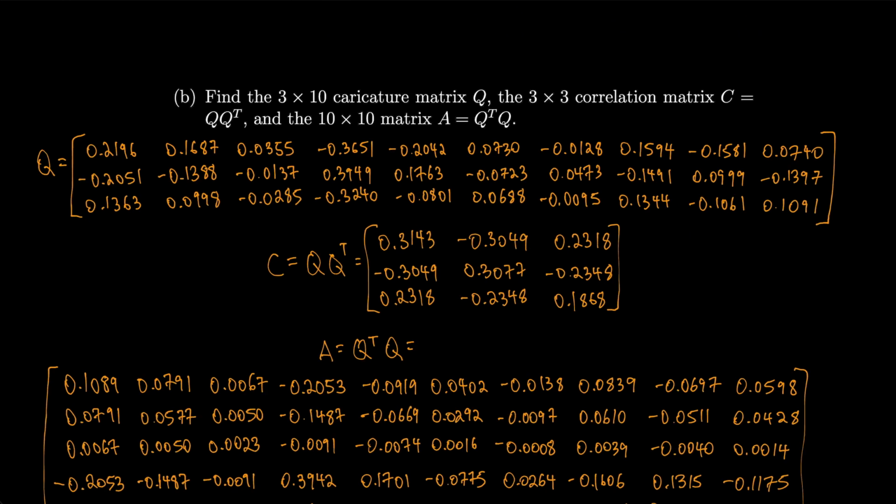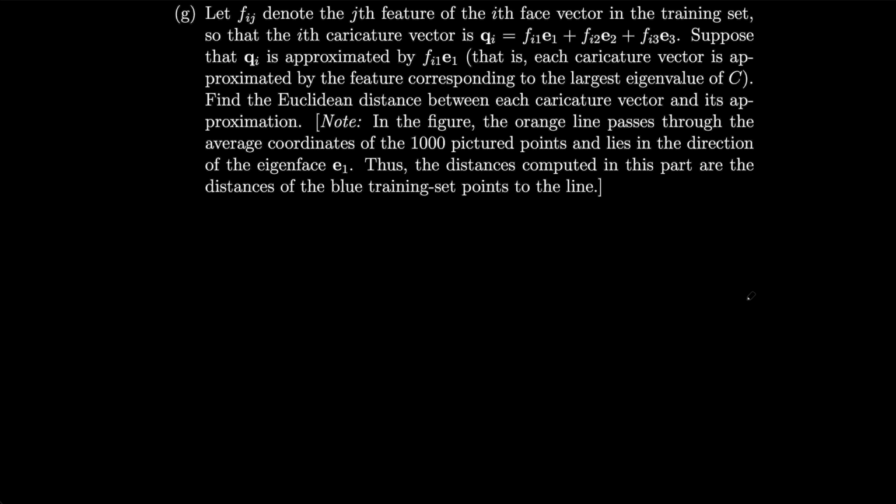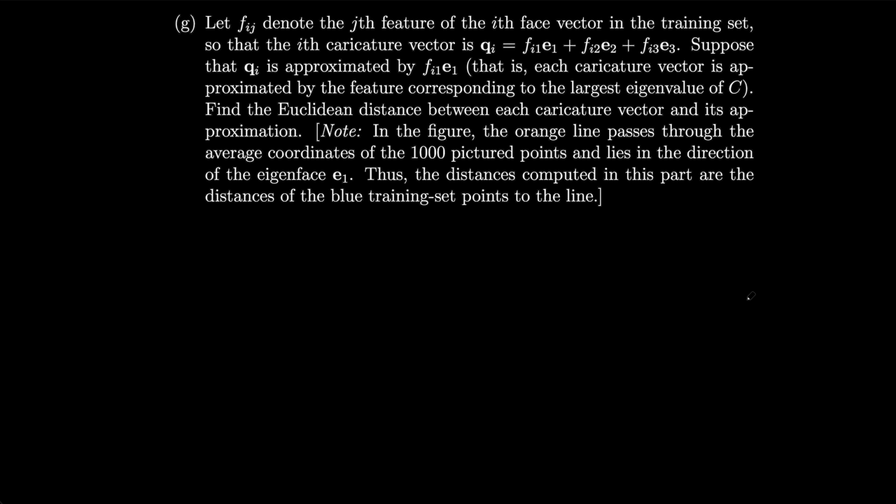Okay, let's do it. So first, let's get the distance between Q1 and its approximation F11E1. And that'll be 0.0145 squared plus negative 0.0012 squared plus negative 0.0206 squared with the square root.